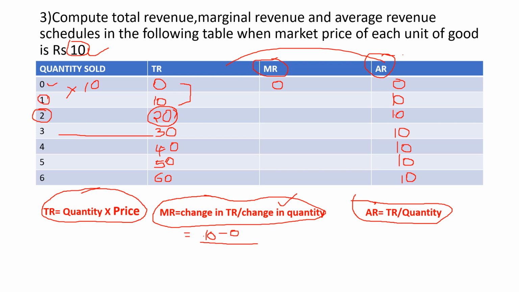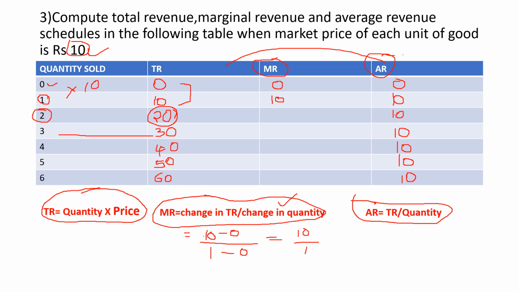Now quantity is 1, before it was 0. So then we know how much the change is. 10 minus 0 is how much? 10 itself. 1 minus 0 is how much? 1 itself. So 10 divided by 1 is 10 only. Alright. Then how do we calculate for the next one?